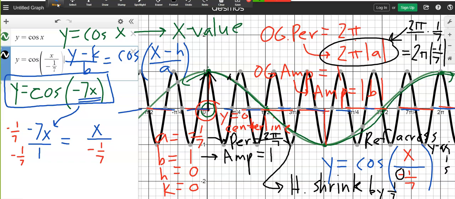If you did a horizontal shrink by 1/7, doesn't that mean 1, 2, 3, 4, 5, 6, 7 cycles in the same amount of space as the original function? Yes. Kind of makes sense.